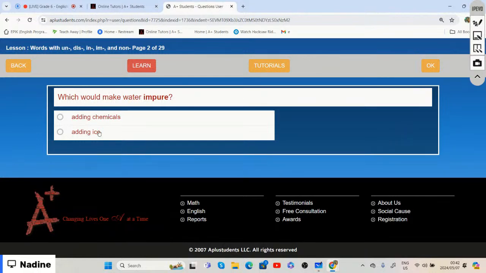All right. Which word, or which would make water impure? Is it adding chemicals to the water or adding ice to water? Adding chemicals or adding ice?